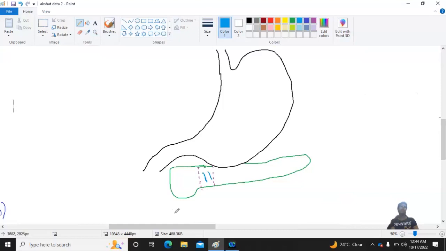Behind it, from downward, a vein comes which meets, and from the splenic side there is also another vein behind the spleen which comes and joins with this. This is behind the stomach, behind the pancreas neck.